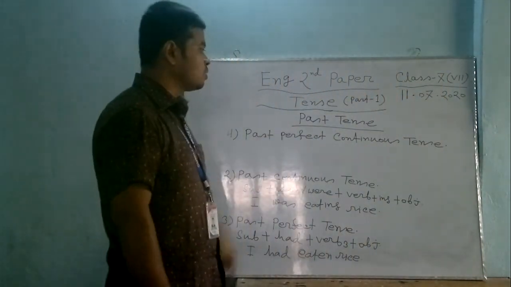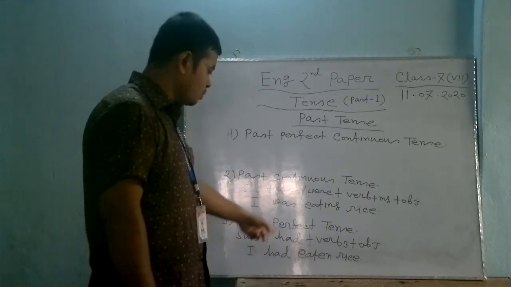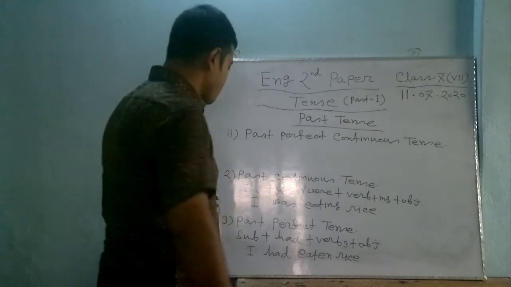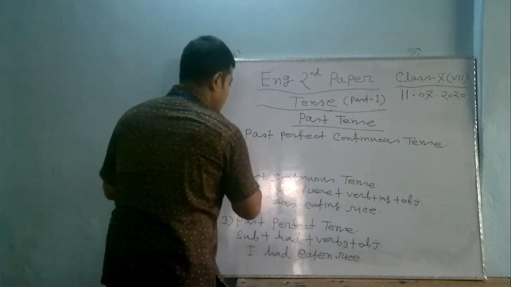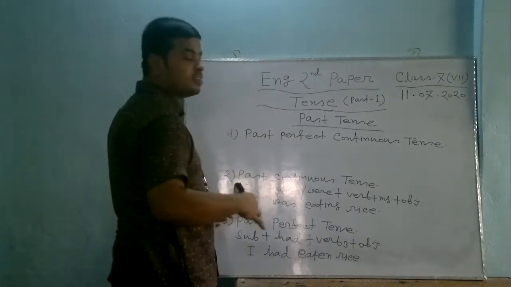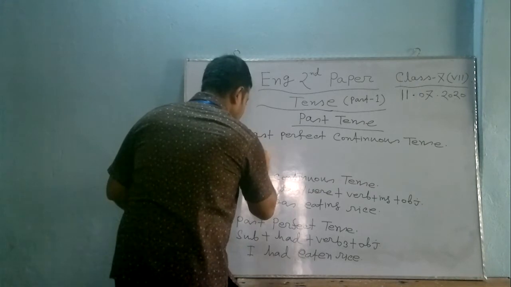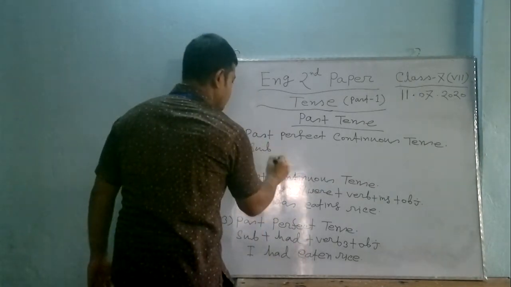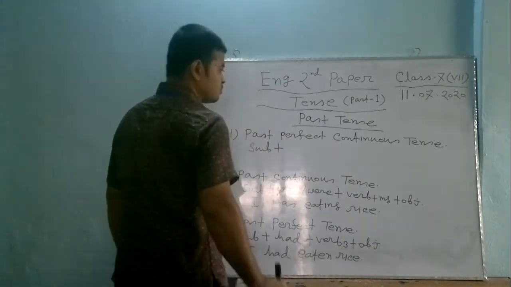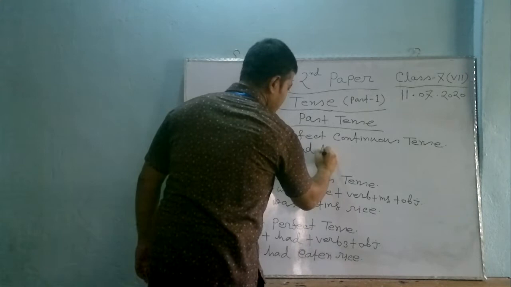Past perfect continuous tense, which we will write for our short notes. We can write the structure for making a sentence in the past perfect continuous tense. Here we first write the subject plus the auxiliary verb had been.